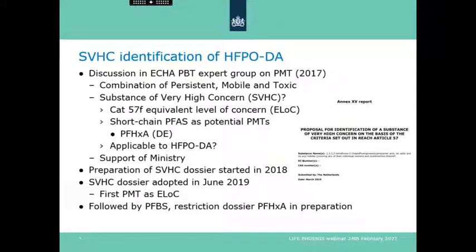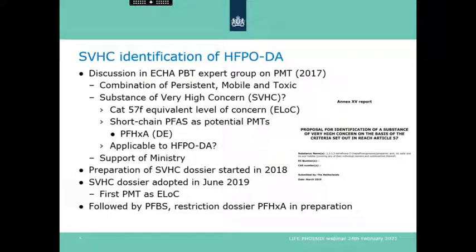And that started in 2018. And already in June 2019, the SVHC dossier for GenX was adopted under REACH, which made it the first substance that was actually classified as equivalent level of concern based on its persistent, mobile, and toxic properties.